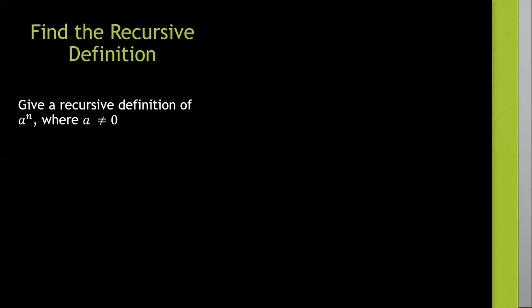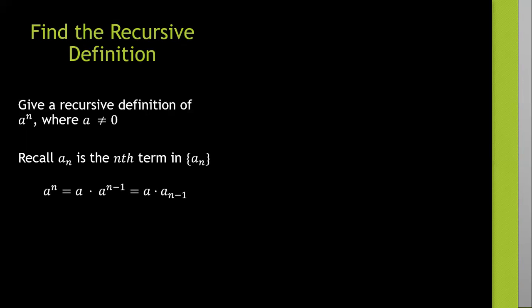So let's say we're given the formula a to the n. Is there a way we could have recursively gotten to that formula? The key thing here is to note that a sub n is the nth term in the sequence a sub n. So the notation is going to get a little sticky here, but a sub n is that nth term. Don't confuse that with a to the power n.